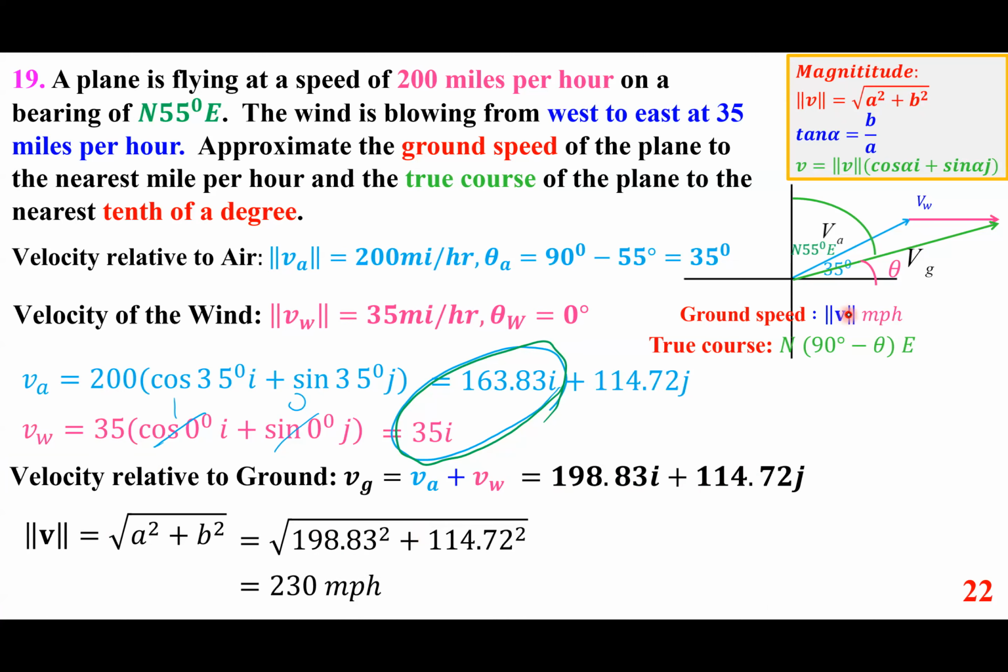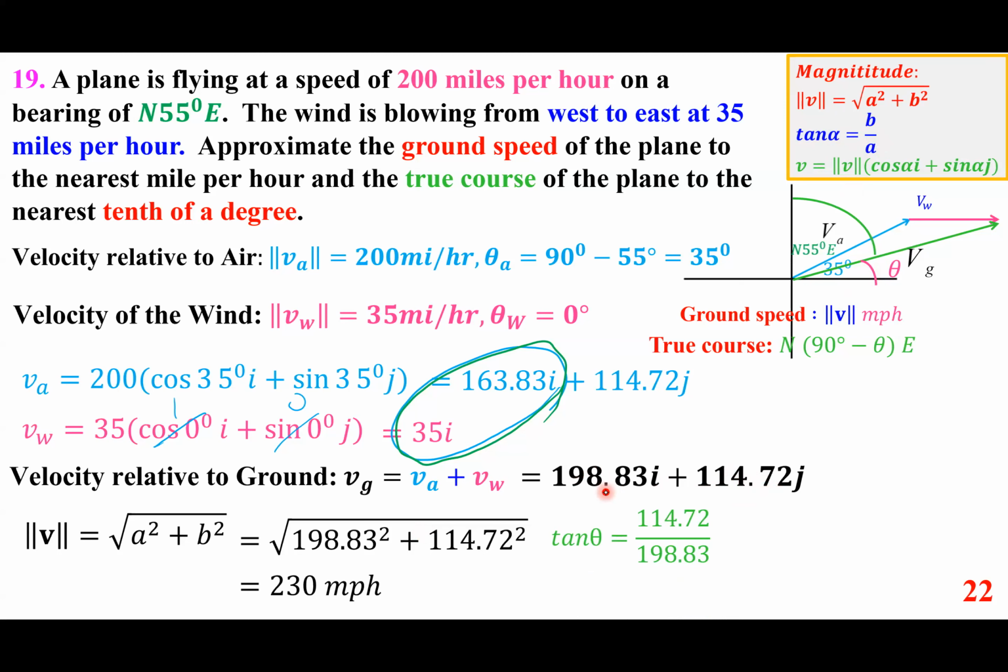What about the true course? We want the tan of theta. Tan of theta is b over a, this number over this number, 114.72 over 198.83.